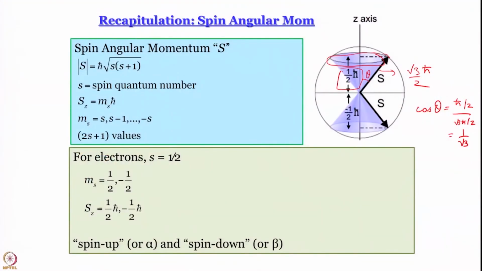So, this tip of the arrow could be actually anywhere if you are talking about one spin. So, since for electron ms can take up values of plus half and minus half, your z component can be h cross by 2 or minus h cross by 2, that determines whether the spin angular momentum is pointing up or pointing down.